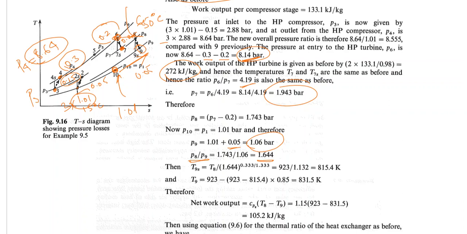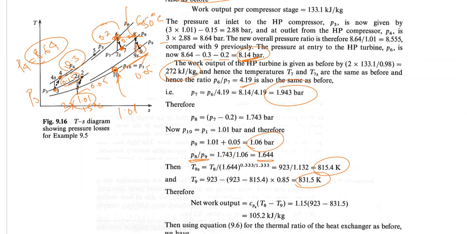Using this pressure ratio, I can find the temperature T9S, where T9S divided by T8 is equal to P8 divided by P9 to the power gamma minus 1 divided by gamma. This gives us a temperature of 815.4 Kelvin. Using the efficiency formula of the second stage of the turbine, we can find the temperature at T9, which is actually 831.